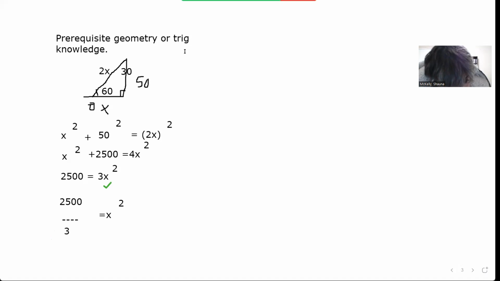I've got 50 over the square root of 3. 50 over the square root of 3 is equal to x.